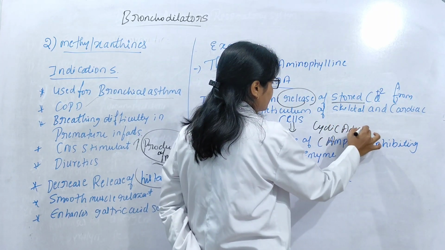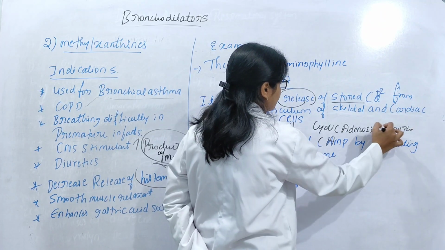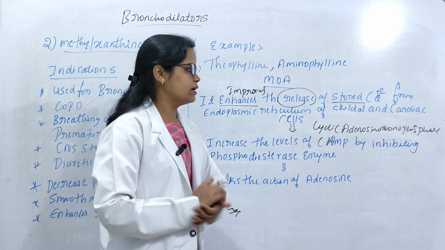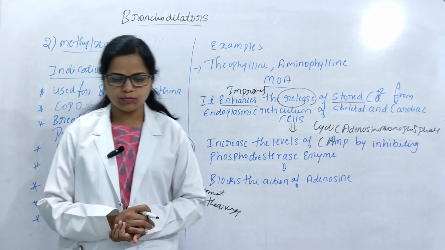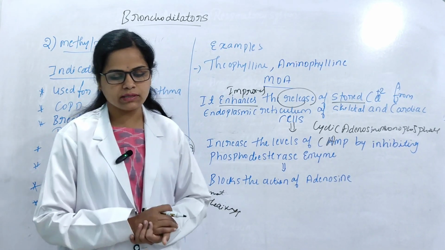Cyclic adenosine monophosphate is a nucleotide that regulates many cellular functions.